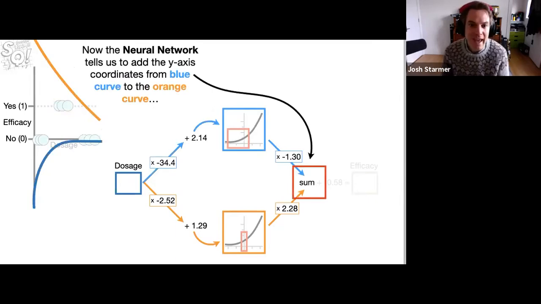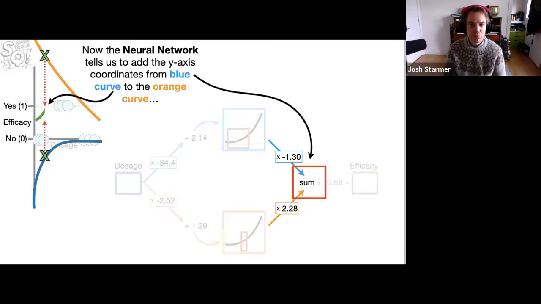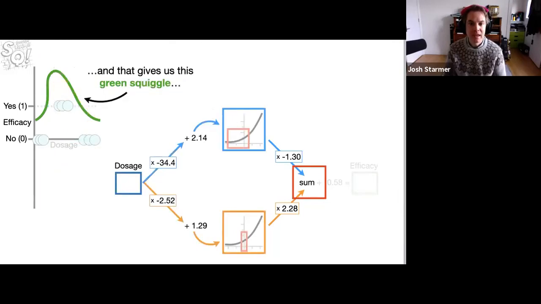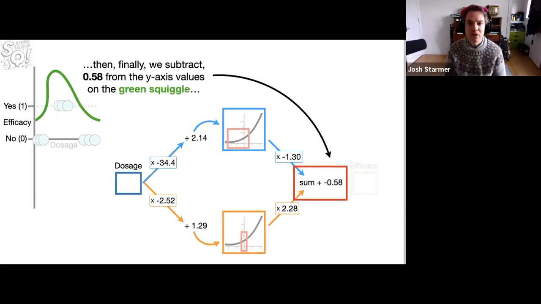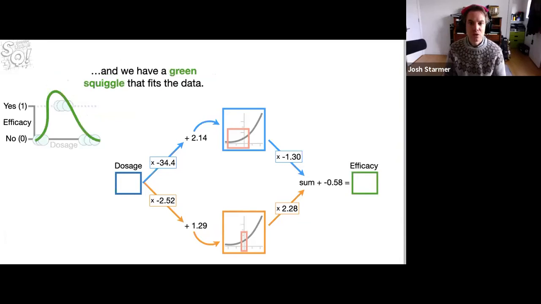Now the neural network tells us to add the y-axis coordinates from the blue curve to the orange curve. Beep, boop, boop. And that gives us this green squiggle. Then, finally, we subtract 0.58 from the y-axis values on the green squiggle. And we have a green squiggle that fits the data.